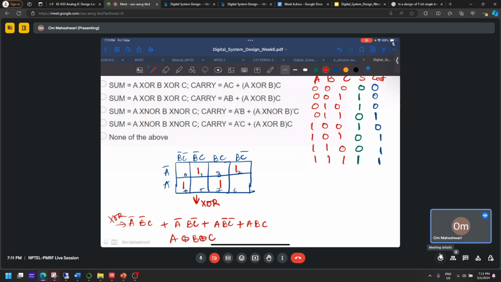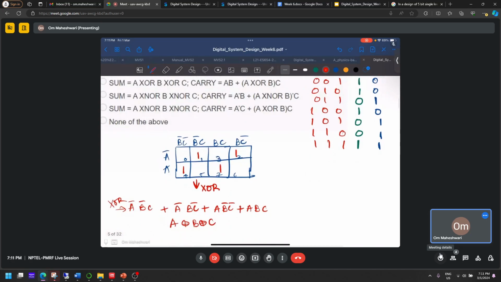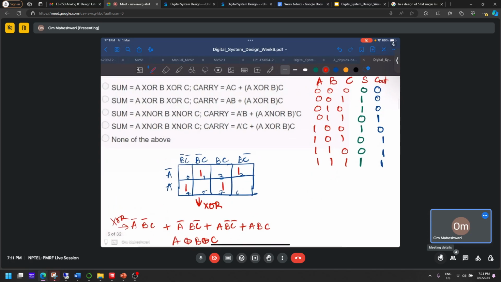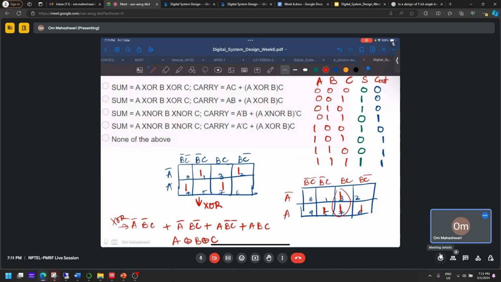For carry, you can make a K map as well. So this is carry: carry is AB plus BC plus AC, right?